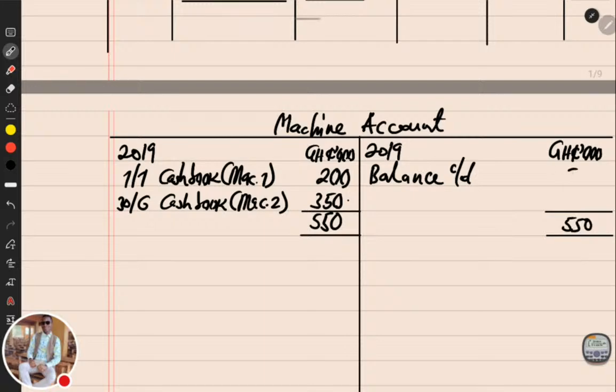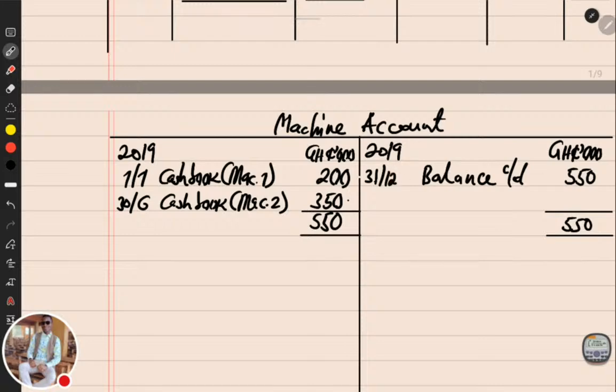That's going to be the balance we're going to send to the next period. Okay? So we're supposed to have the date coming up. So we close our account at the end of what? The financial period. So we have 31st December 2019.